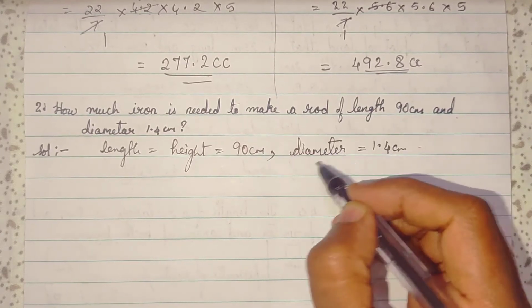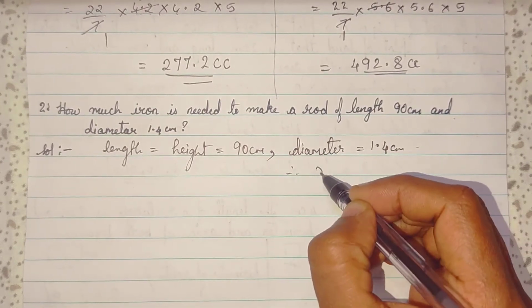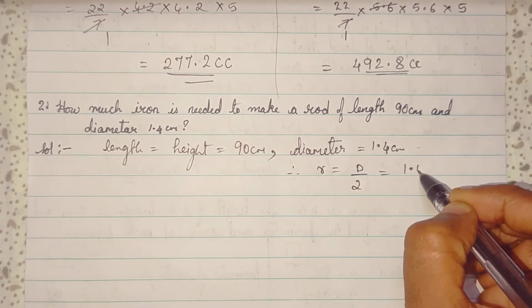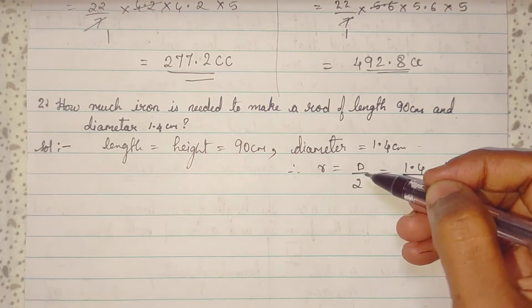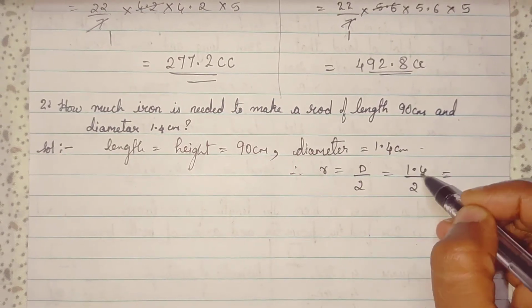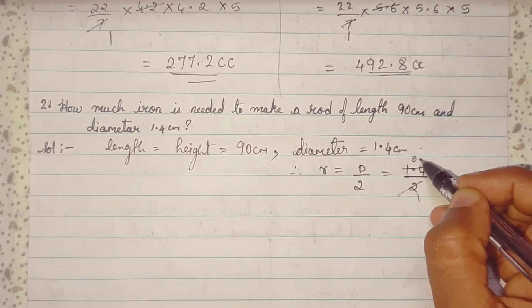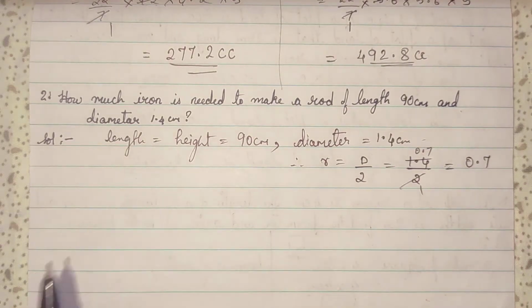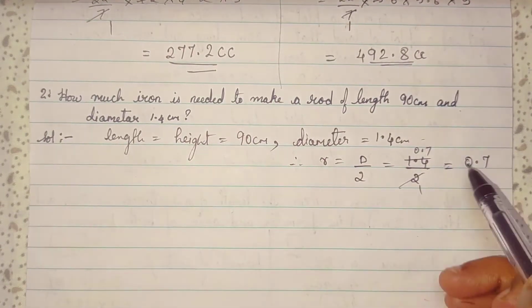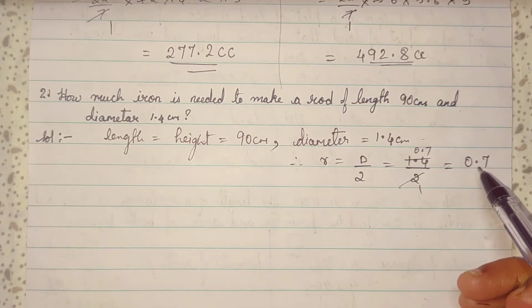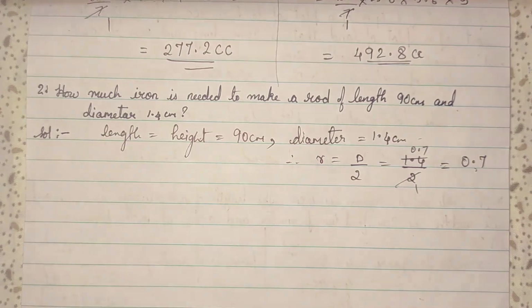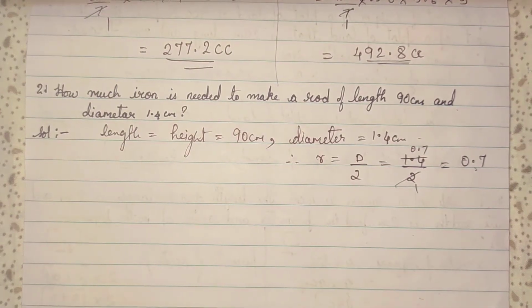Therefore radius is equals to diameter upon 2. So 1.4 upon 2. Radius is always half of diameter, so 0.7. So now you have height and you have radius. So how much is needed they are asking.